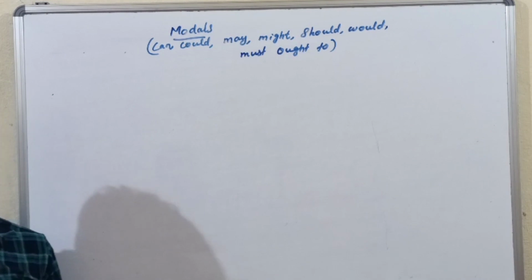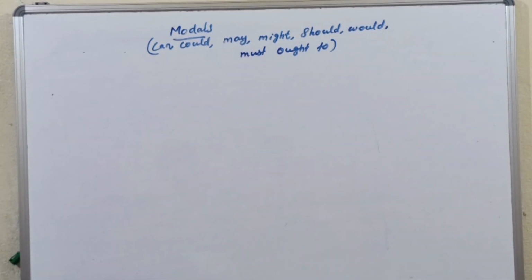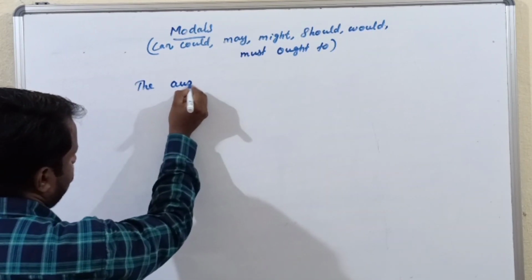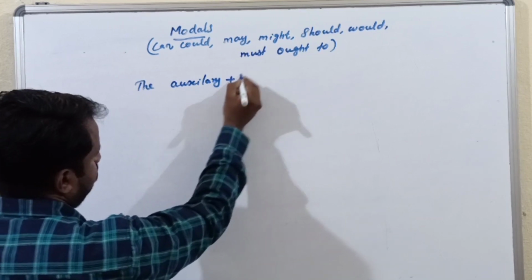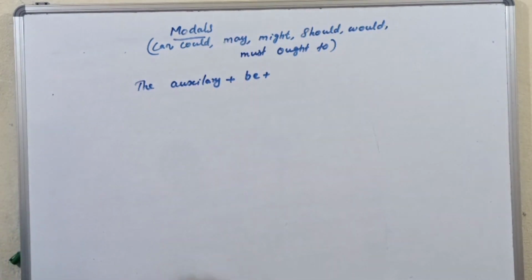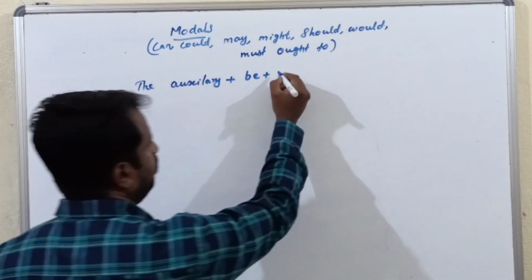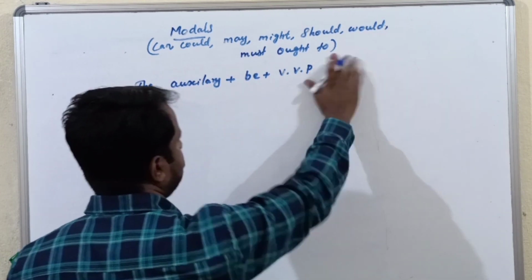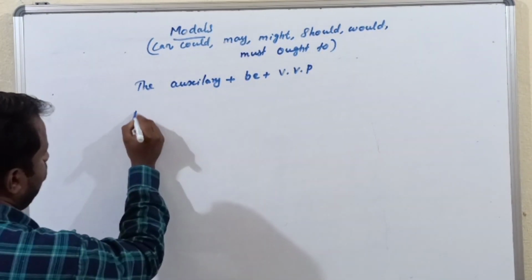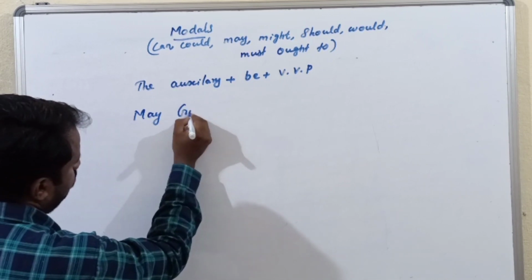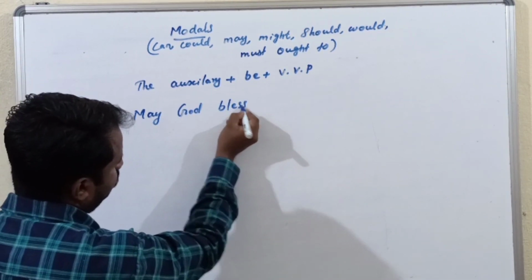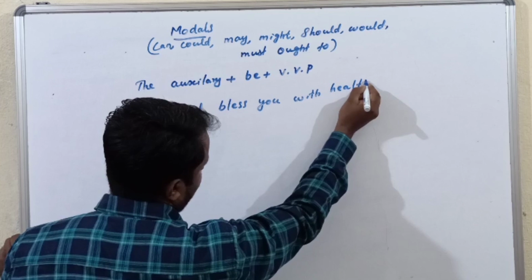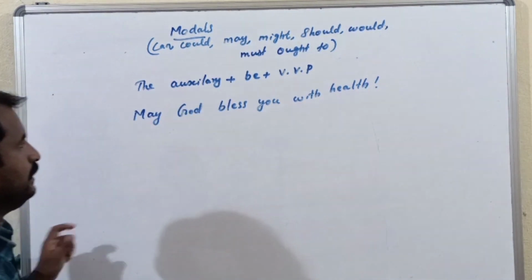Okay, last part. Sometimes we can see modal auxiliaries given. How do we find the form? Let us write the form first: the auxiliary plus be plus past participle form of the verb. Example: "May God bless you with health!" What is the auxiliary here?